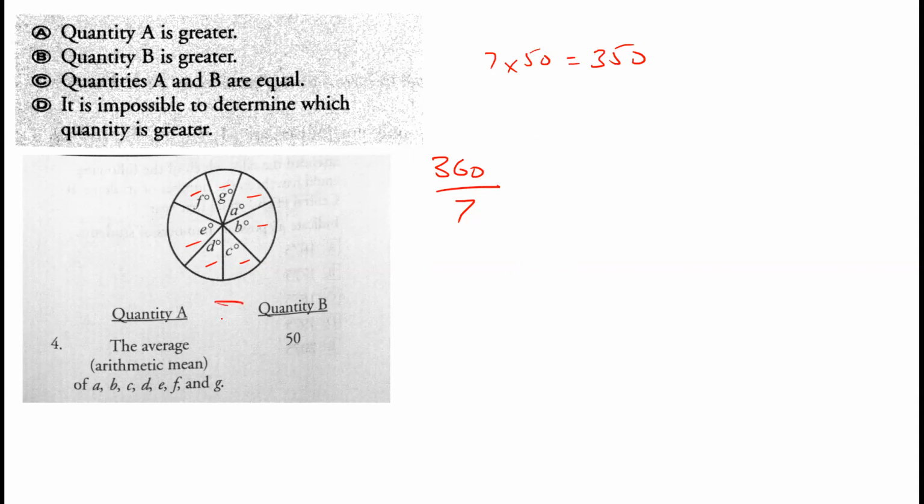So quantity A is greater than quantity B, because 7 into 50 is 350. If we divide 360 by 7, we are going to get a number that is more than 50. Hence quantity A, the average arithmetic mean for all these 7 angles, would be greater than 50. Hence option A is correct.